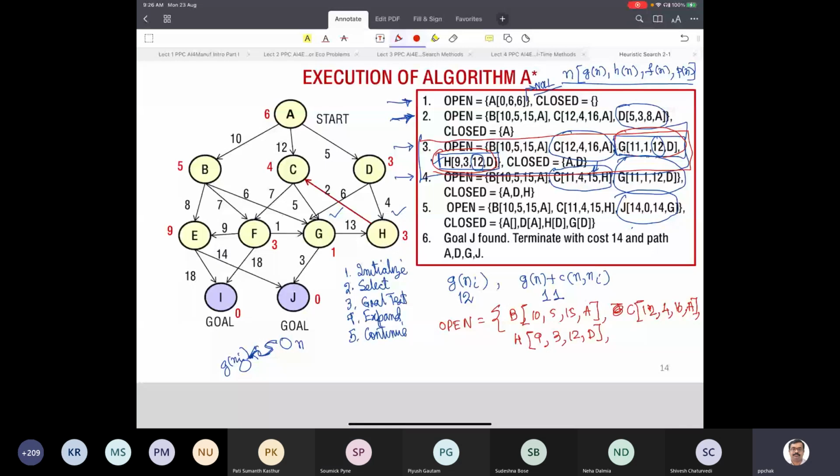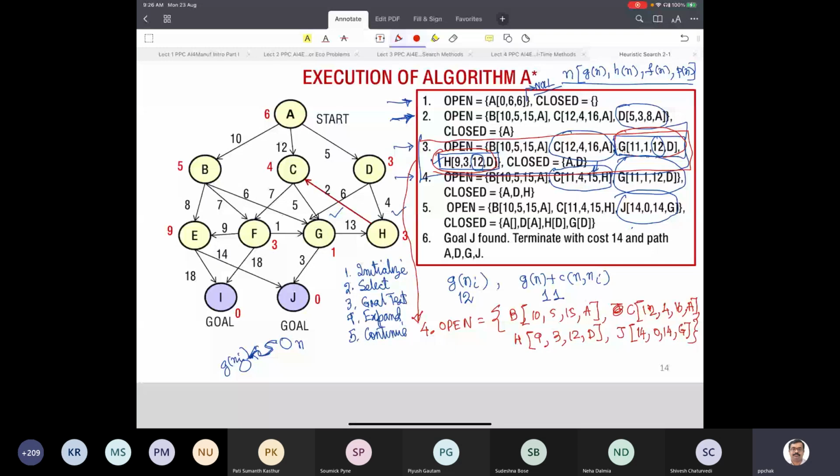So there is no point in updating H. And we would add J, isn't it? Because we have expanded G, we would add J. This would become open.